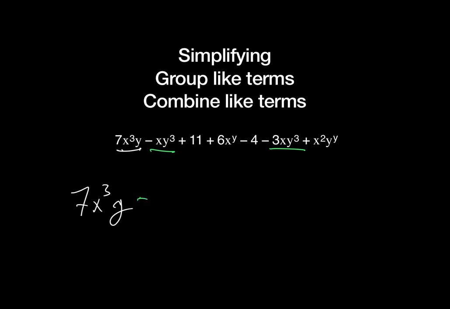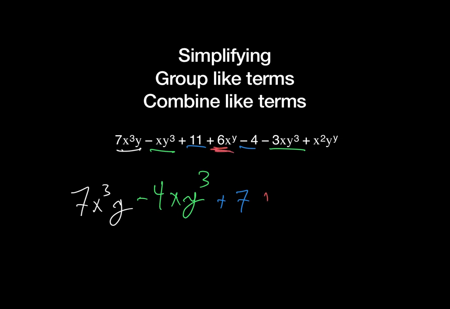So together they're -4xy cubed. Grouping, I have a constant, I have another constant. That will be +7, 11 minus 4. I have an odd one here.